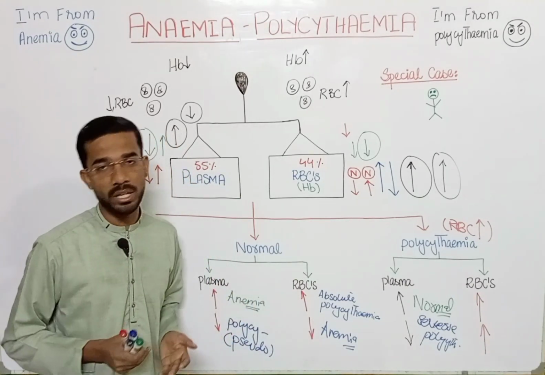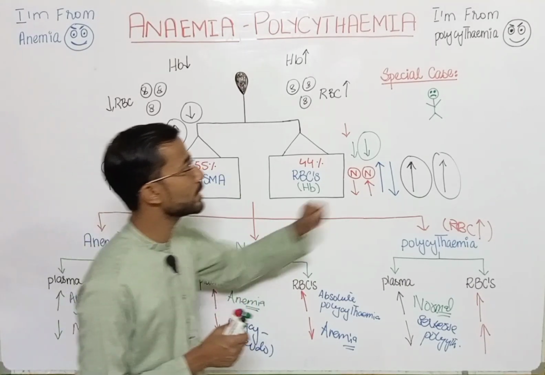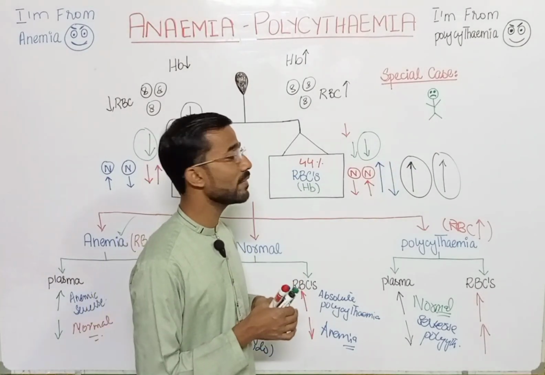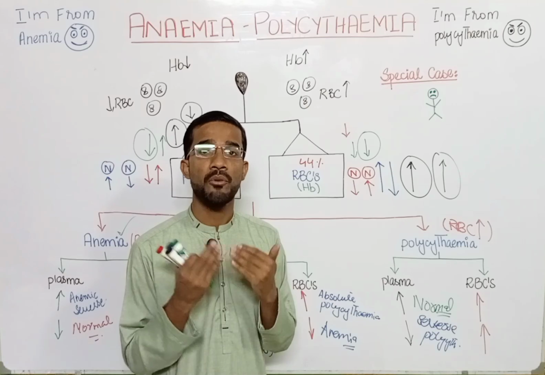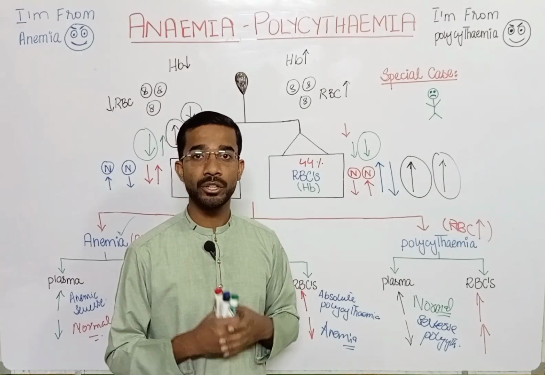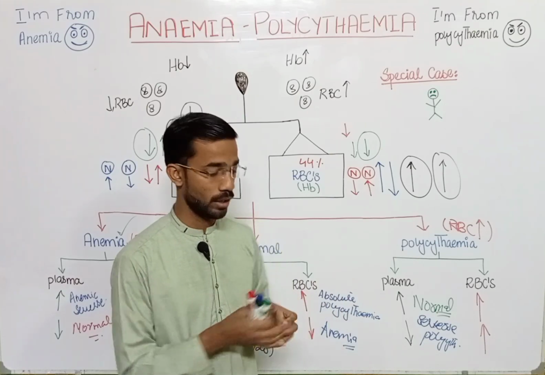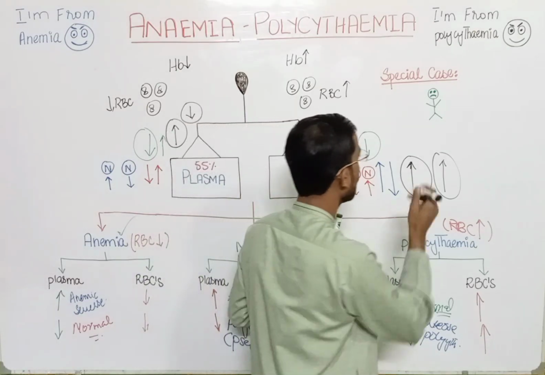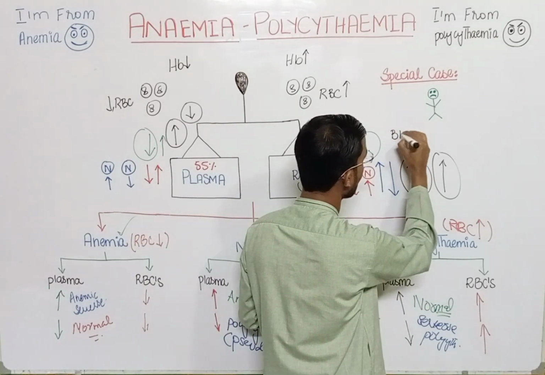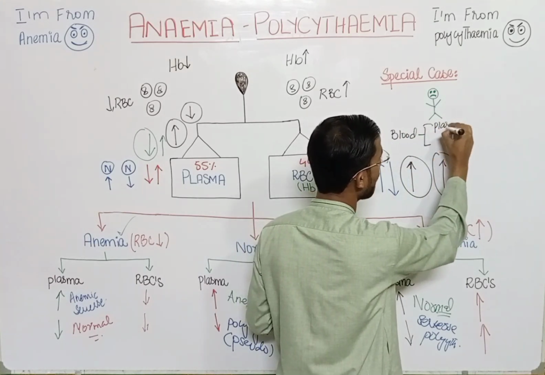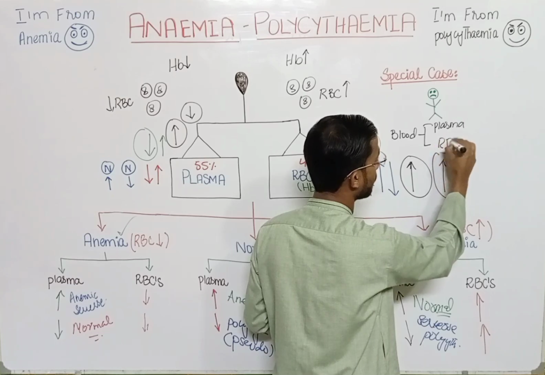And a special case: here you can see a person who faced an accident, and during the accident he lost a lot of blood. We know that the blood consists of two components. The first one is the plasma and the second one is the RBCs.